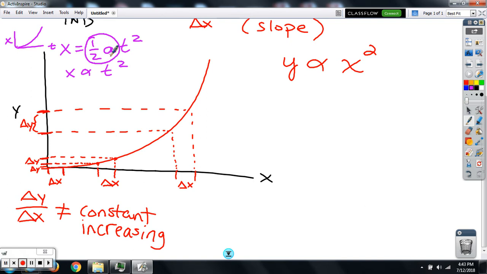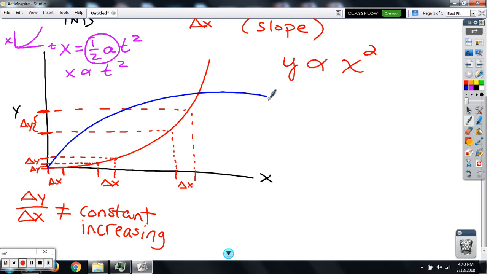Another relationship would be this type of parabola. Right? So now what we get here is the opposite effect than what we did before.